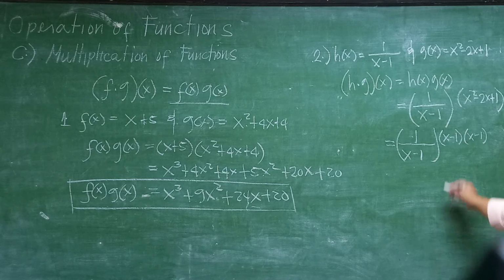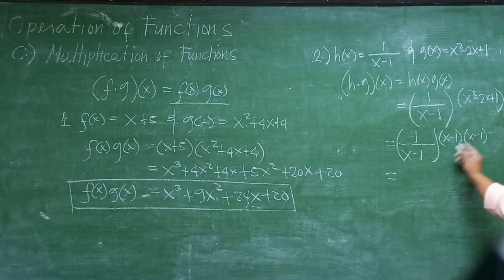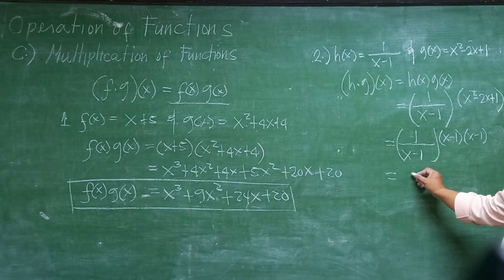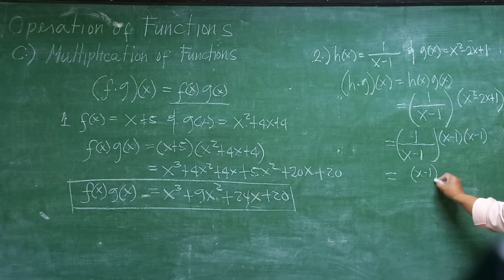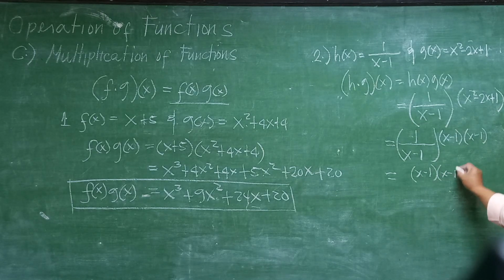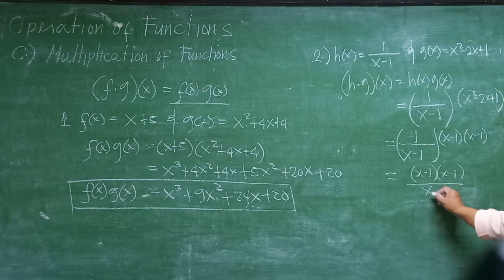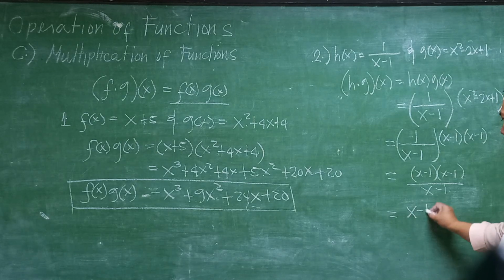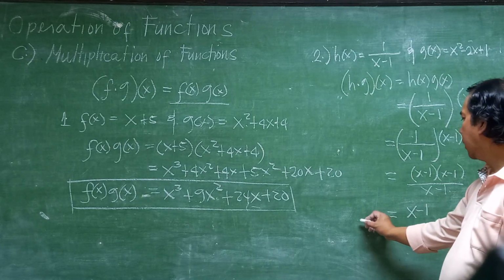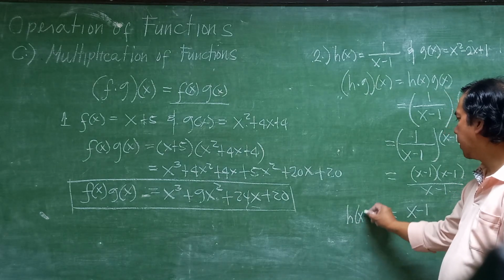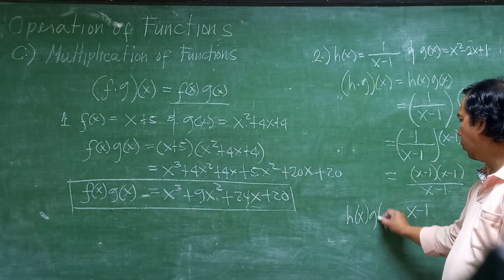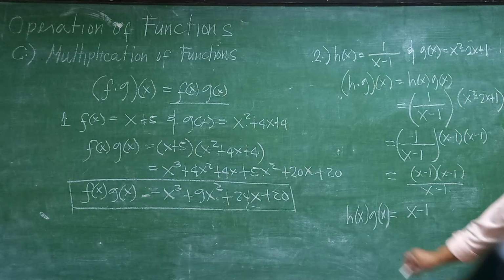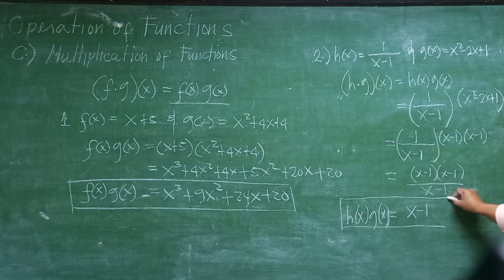And so notice that when we have these factors, let's multiply: x minus 1 multiplied by x minus 1, over x minus 1, will give you a result of just x minus 1. And that is the product of h of x and g of x. So the result will be x minus 1.